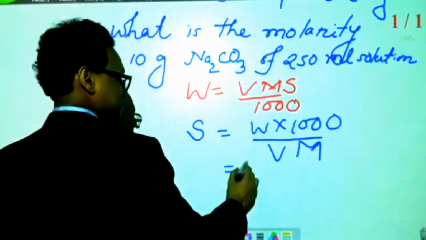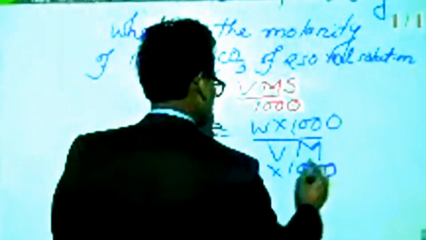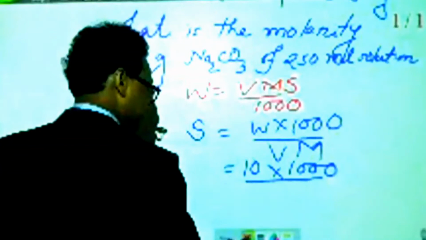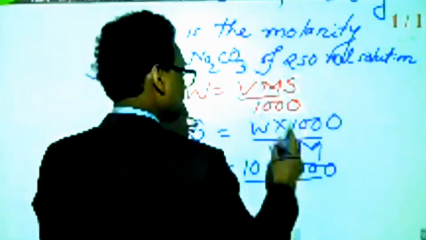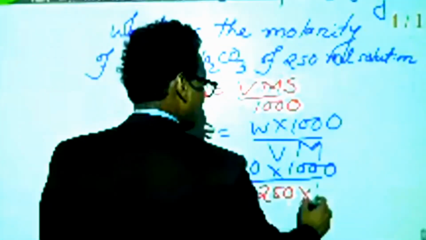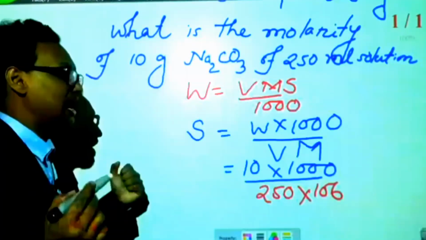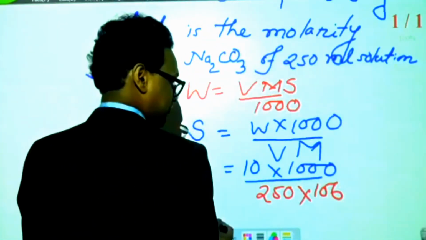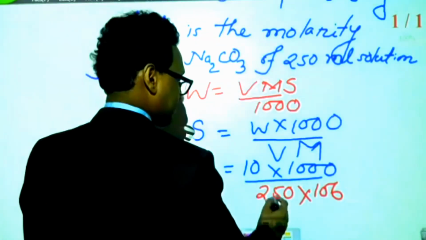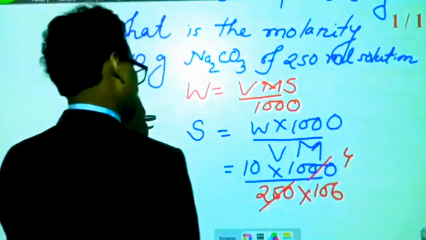W here is given 10 gram and 1000 as it is, and V will be 250 milliliter, M 106 gram. Already we have learned how to determine the molecular mass. Now let's see the result. So it will be 4, you can see that.